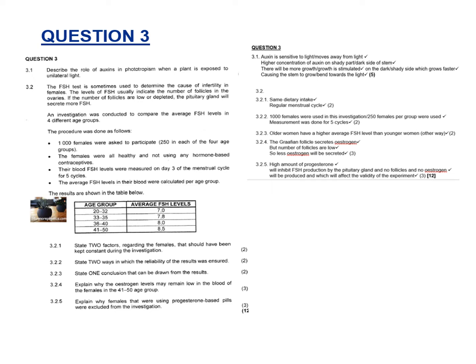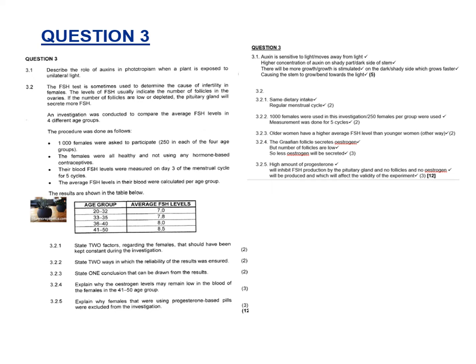Right. 3.2. The FSH test, or the follicle stimulating hormone test, is sometimes used to determine the cause of infertility in females. The levels of FSH usually indicate the number of follicles in the ovaries. If the number of follicles are old, the pituitary gland will secrete more FSH. So, an investigation was conducted to compare the average FSH levels in 4 different age groups.